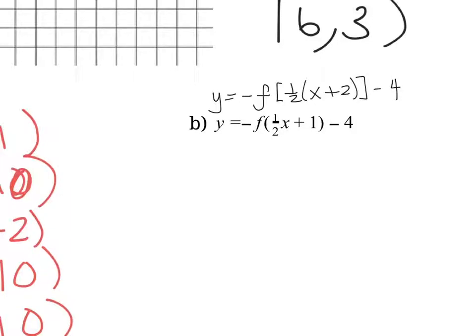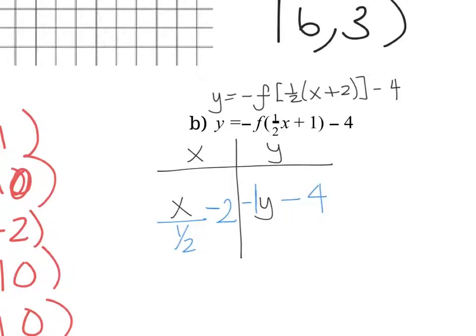Now go ahead and make your t-chart and put in what you're going to do to the x-coordinate and what you're going to do to the y-coordinate, and come back and check in the video. Okay, if you're done, this is what we're going to be applying to our coordinates. That negative is going to be a reflection, and the y-coordinates are going to get multiplied by a. That's our a value.